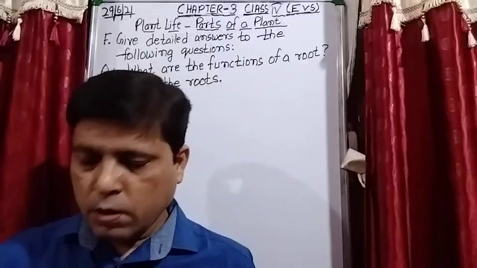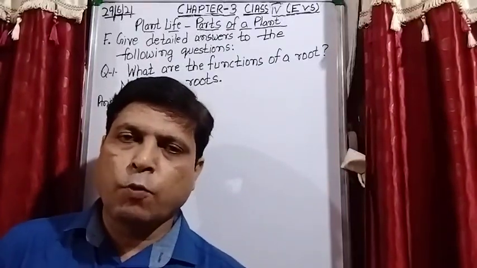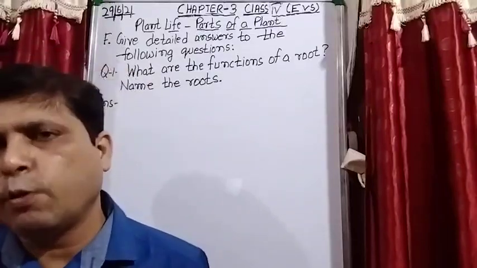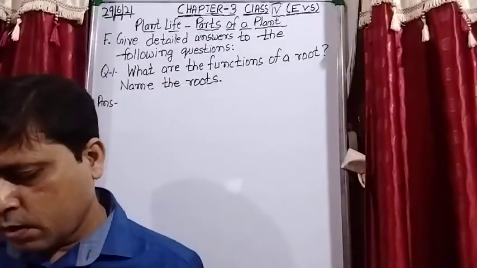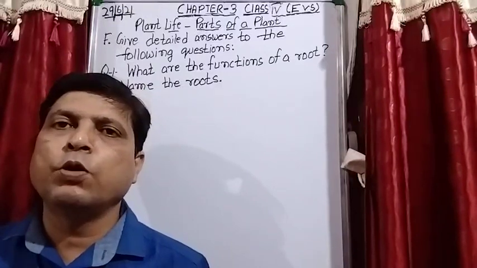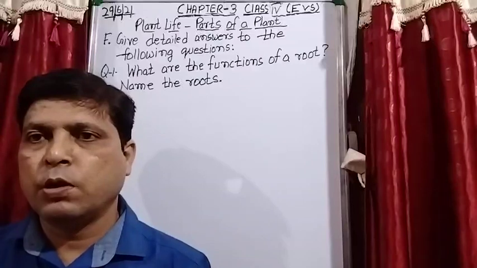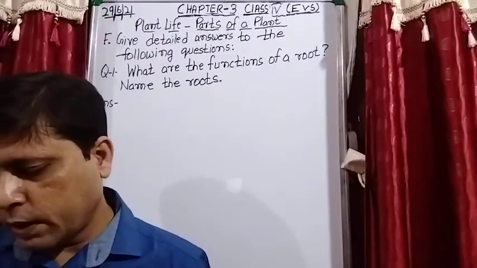Okay, so students, first of all we will write the types of a root. There are two kinds of a root: tap root and fibrous root. So what is a tap root?